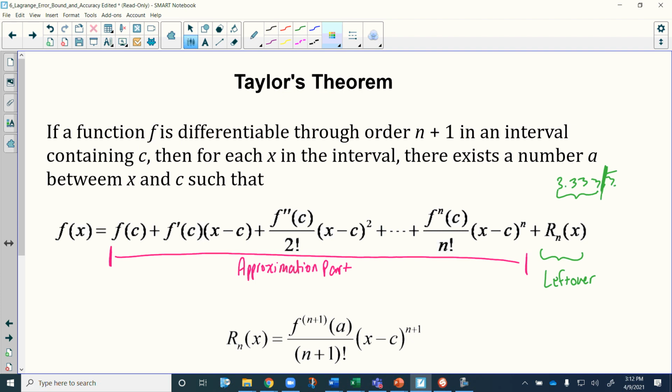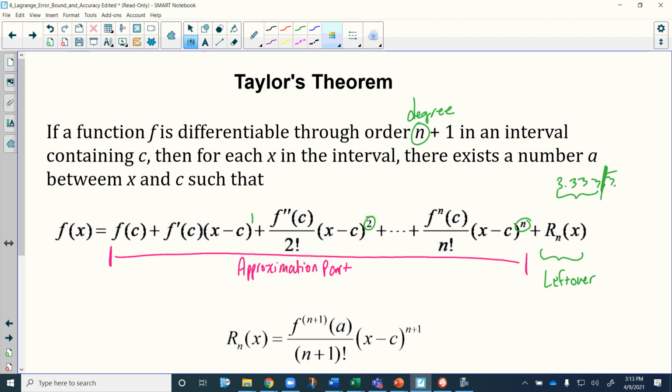So what Taylor's theorem is saying is that if a function f is differentiable through an order of n plus 1 in an interval containing c, meaning, remember, n is the degree, okay? Meaning one more degree, because you're seeing here this is the function, to your first degree, second degree, nth degree.